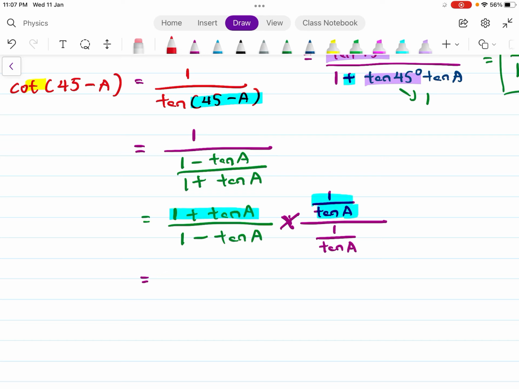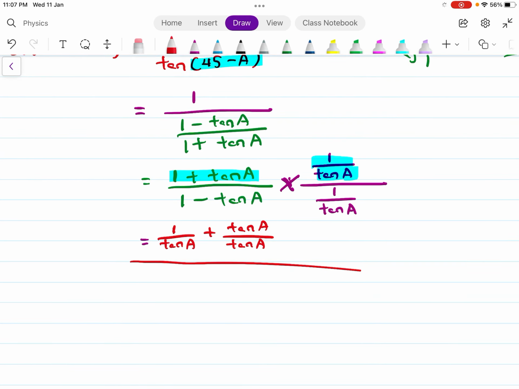So 1 times 1 over tan A is 1 over tan A. Then the second term, plus tan A over tan A. The same thing for the bottom: you multiply this by this, so it equals 1 over tan A minus tan A over tan A.